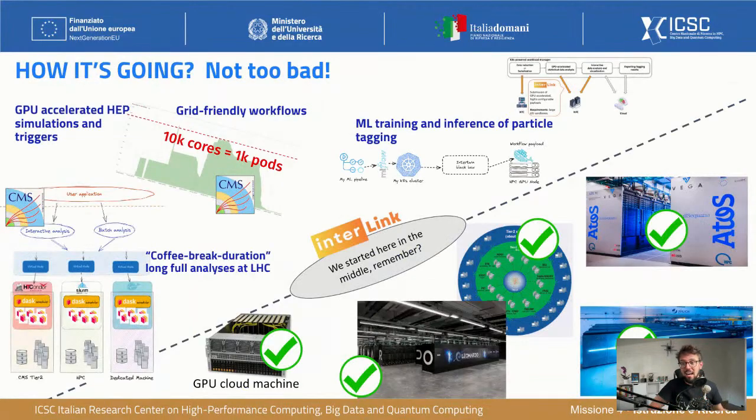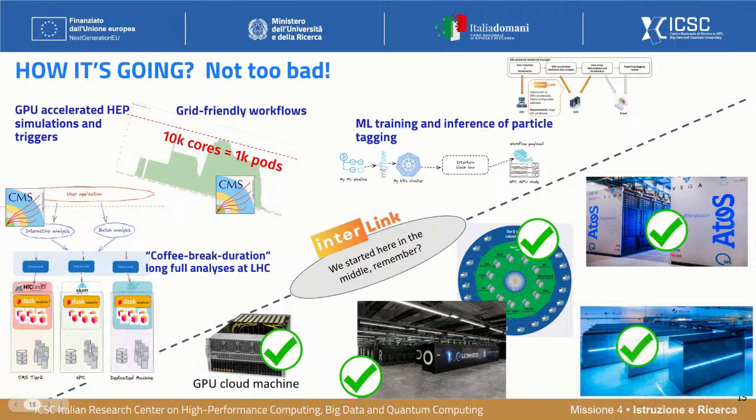So yeah, I think this is the most celebrative overview. So we were in the middle, you see, we developed interlink, and we are successfully at the moment, I would say, managing all the heterogeneous scenario, both from the computing user side and from the computing provider aspect.